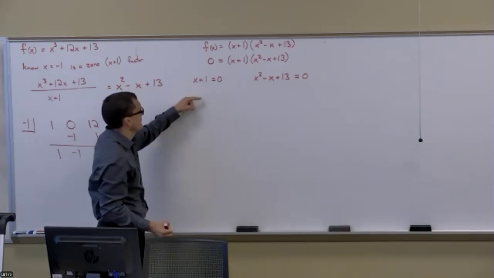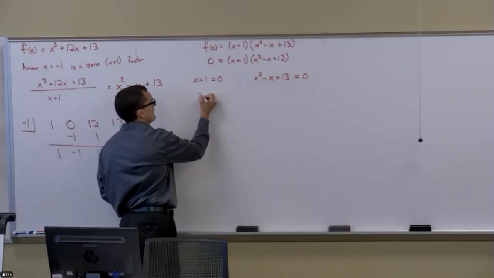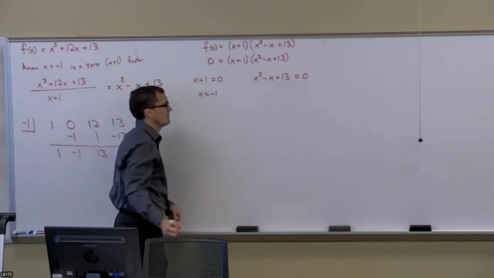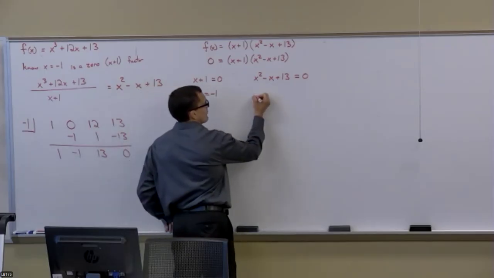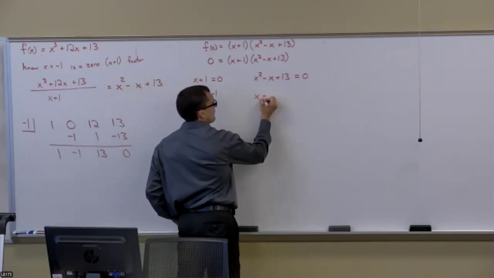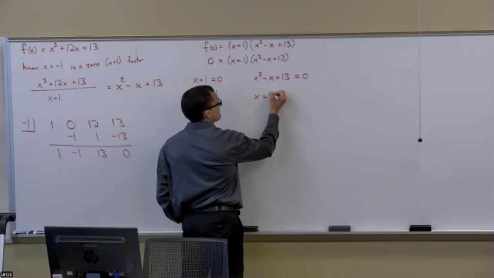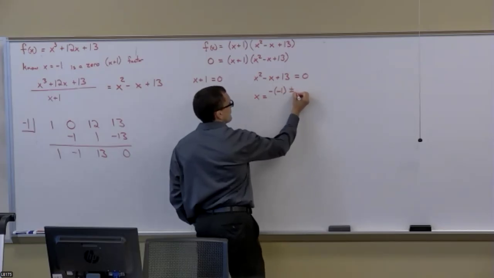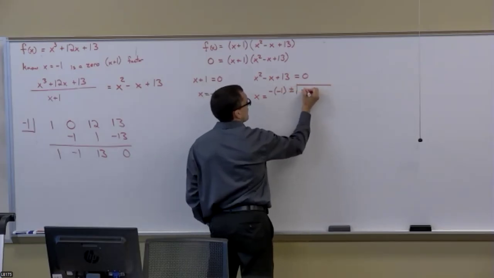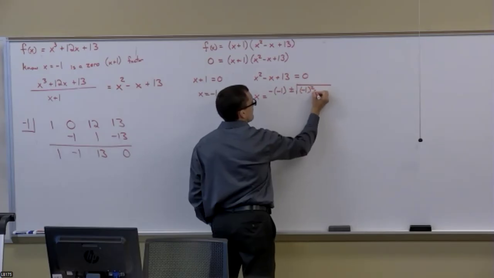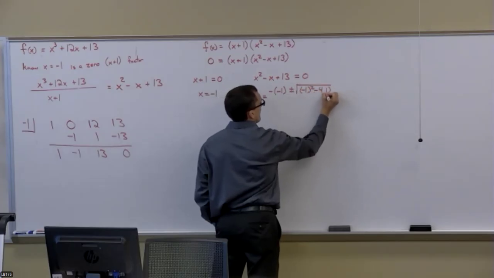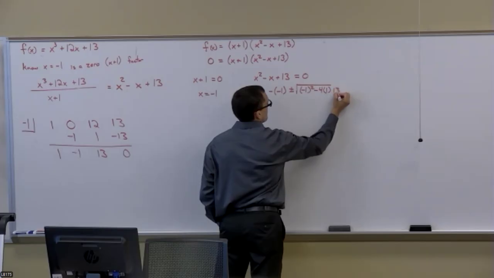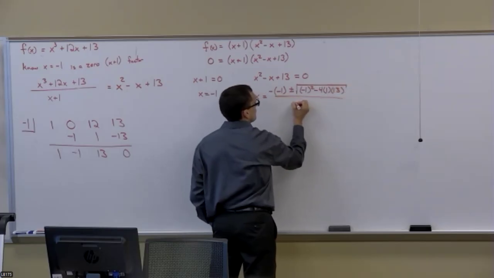The linear piece gives me x equals -1. Obvious. And then for the quadratic piece, we're going to use the quadratic formula. So opposite of b plus or minus the square root of b squared minus 4 times a times c all over 2 times a.